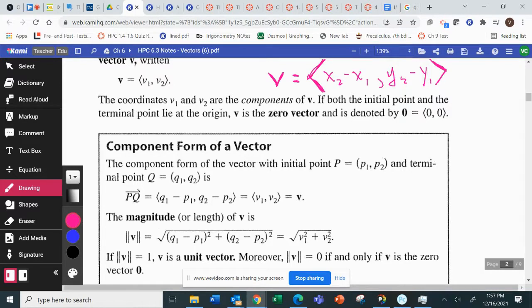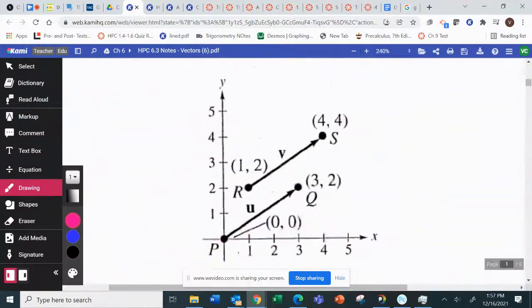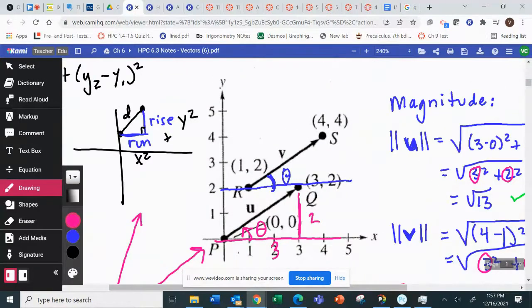So does it matter? Could I do x1 minus x2 instead? Does that matter? I can go back to this one. Does it matter if we do x2 minus x1, or x1 minus x2 instead?